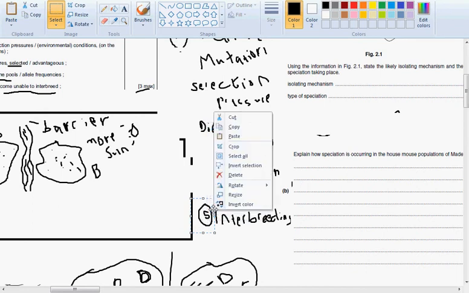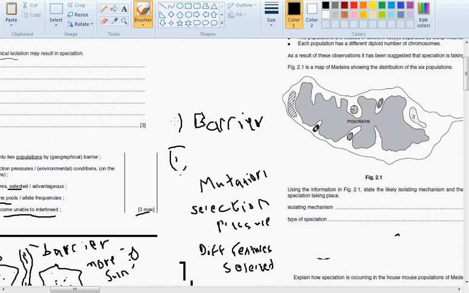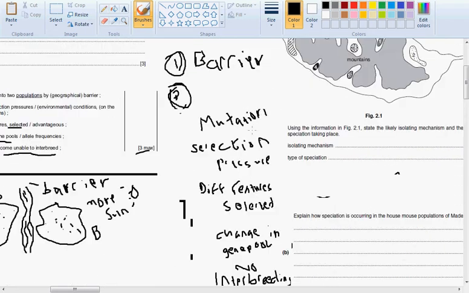So we have a barrier, right? The first thing. Then the second thing, according to this, there is no gene flow, because there is a barrier.